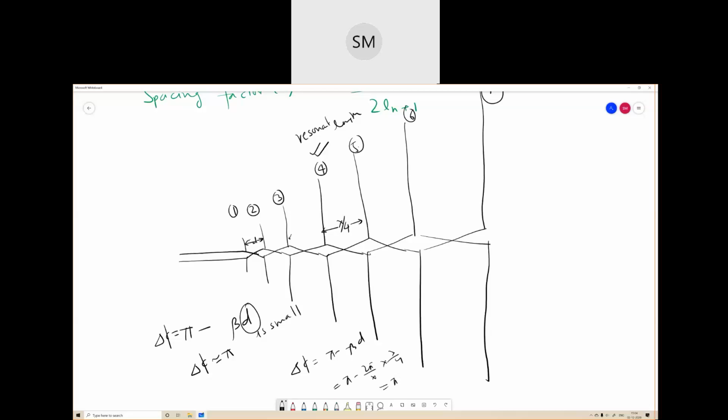That is pi minus pi by 2, that is pi by 2. So these elements are 90 degrees out of phase. So here a significant amount of radiation takes place, and that is towards the backward direction. Why backward?